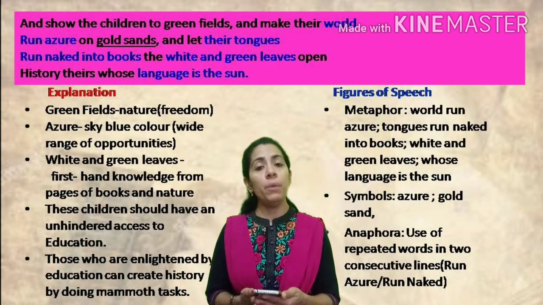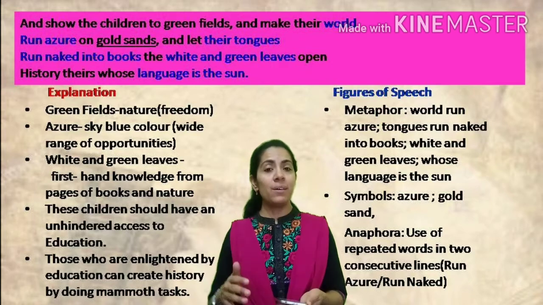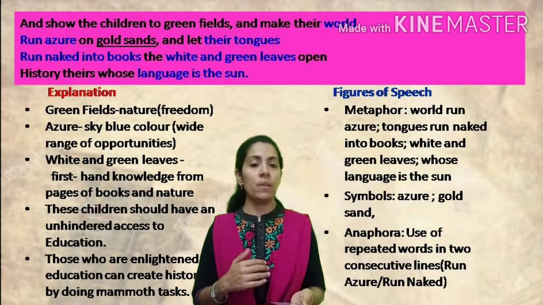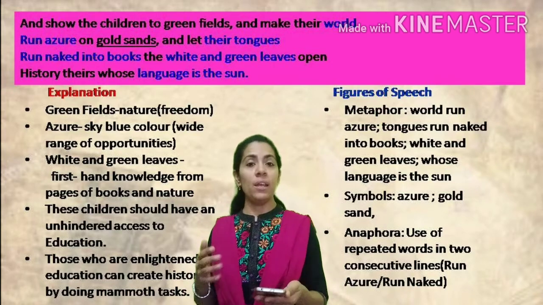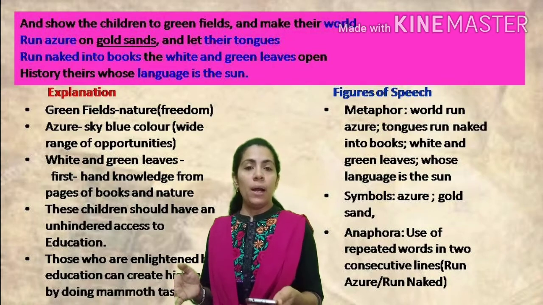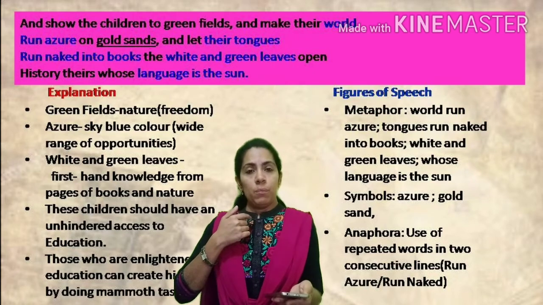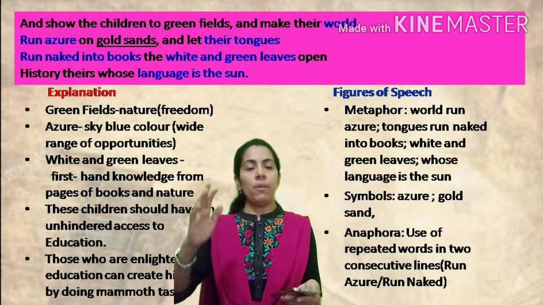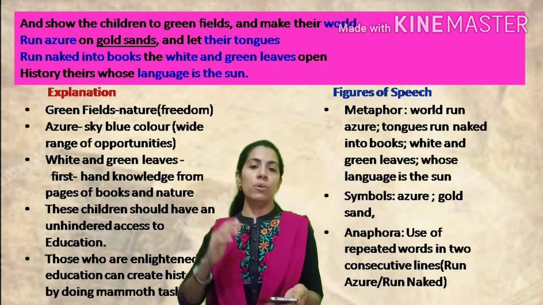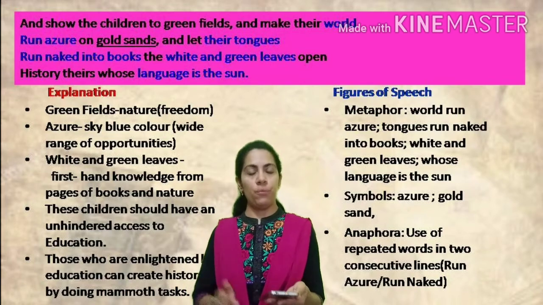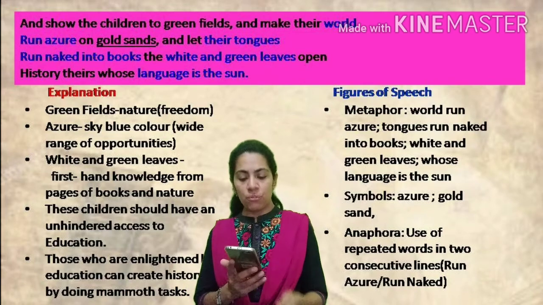Earlier he was using all bleak images, dark colors, the shades of black, and now he has come to vibrant colors like green and gold and blue. And he is letting the children run into the terrain of knowledge and show the children green fields.